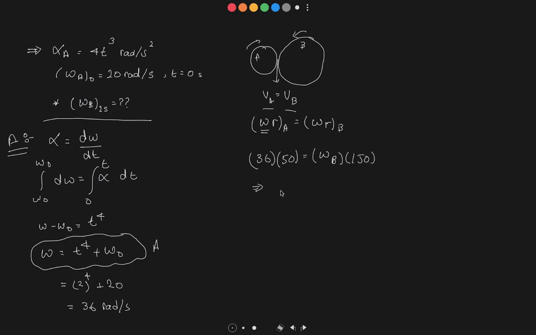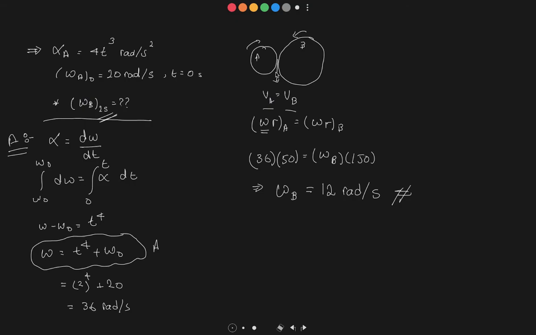Immediately we know that the angular velocity of gear B at a time of 2 seconds, which is what the problem was asking for, equals 12 radians per second. That's it. Very simple, easy, and straightforward.